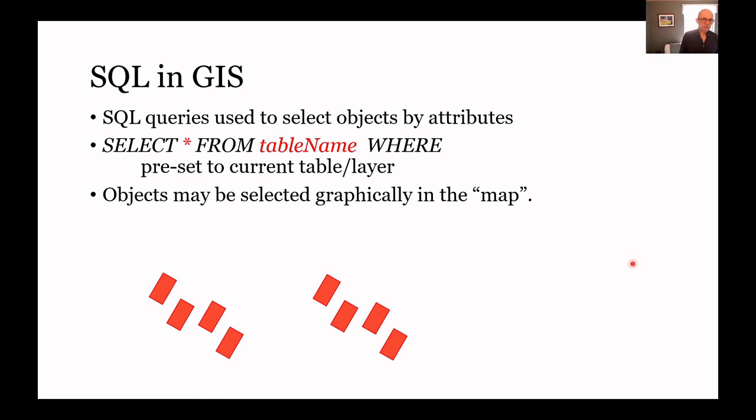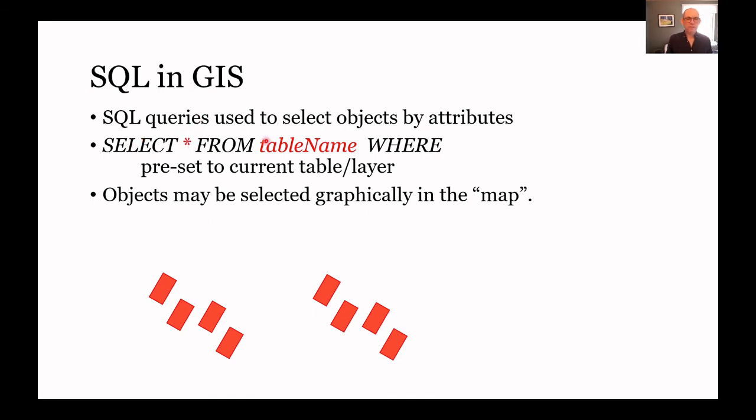So that was, again, returning to this thing with GIS. The SQL queries, we will use them to find objects within our database, in our maps. But this part here, if you remember that the star said get everything from the table, all the attributes that are there. That's the standard implementation.